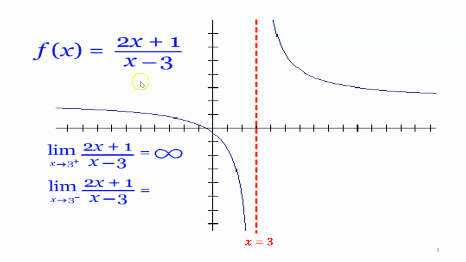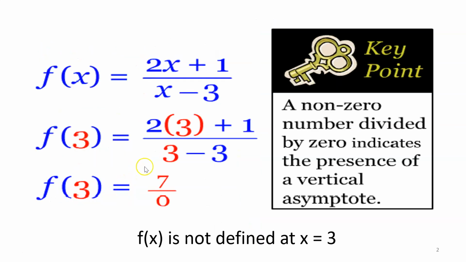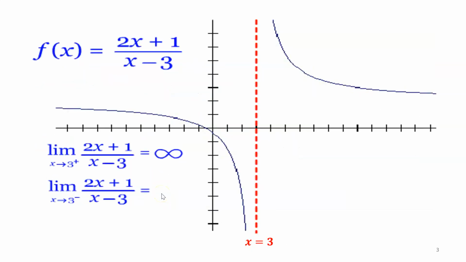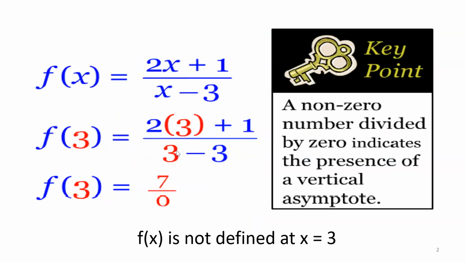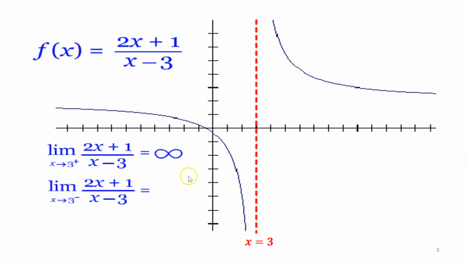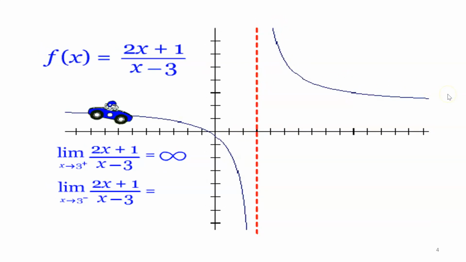When you substitute the x value with 3, you get 7 over 0, which is actually equal to infinity. When you key into the calculator 7 divided by 0, you get maths error, which is actually equal to infinity. So the graph looks like this, this one and this one.